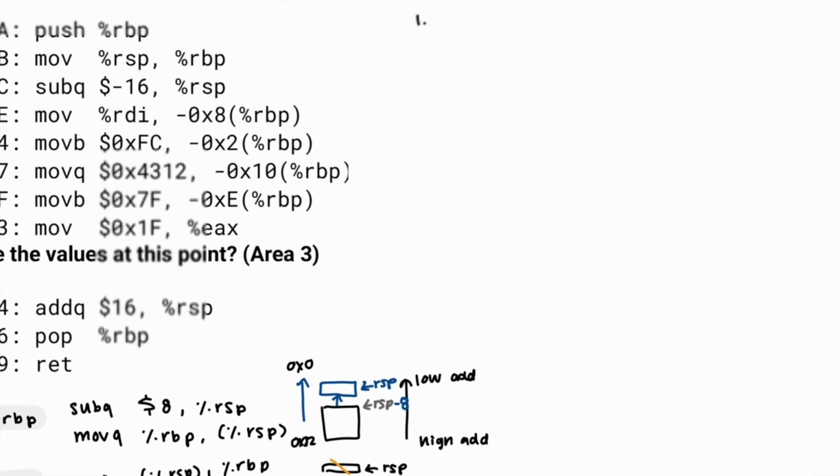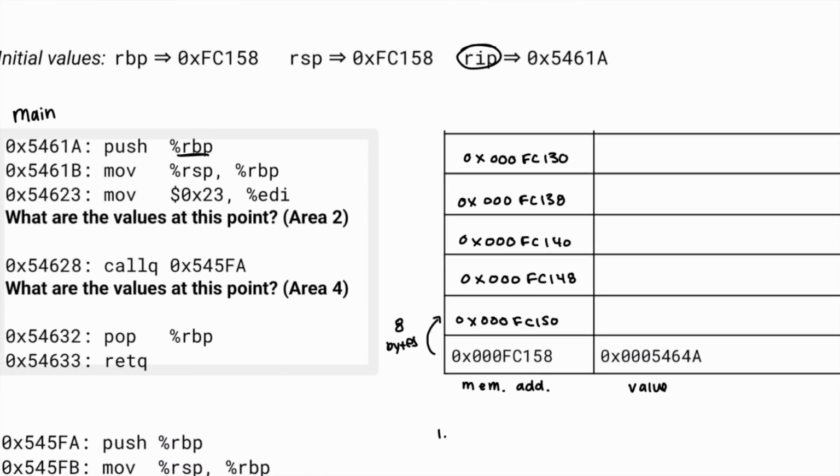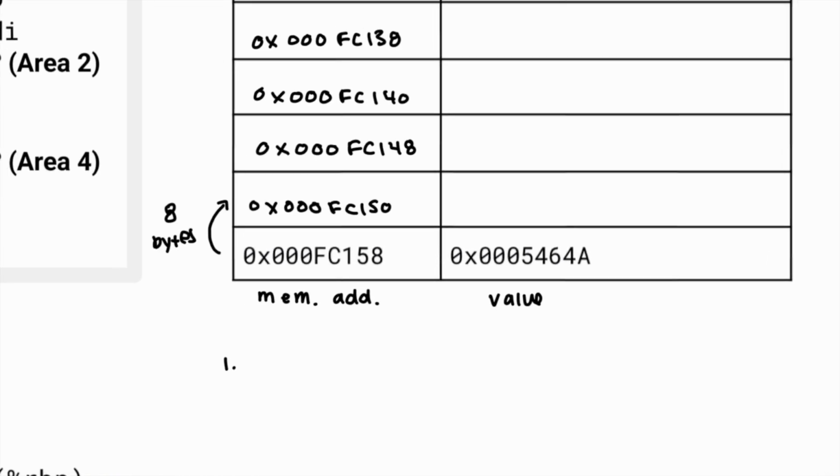So let's look at our values for RSP and RBP. Right now, RSP and RBP have 0xFC158, which are the same values. If we look at our stack, we can see that that's right, this memory address right below. So let's show RSP and RBP pointed right at the same address.